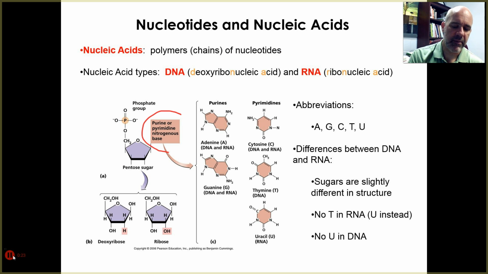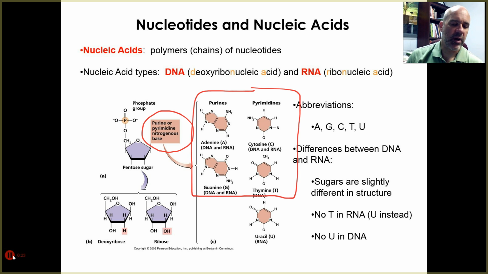So a nucleotide can be divided up into those 3 sections. All right, and really the most important part from an information standpoint in a nucleotide is that nitrogenous base, that nitrogen-containing base. And so in DNA, those bases will look like this.